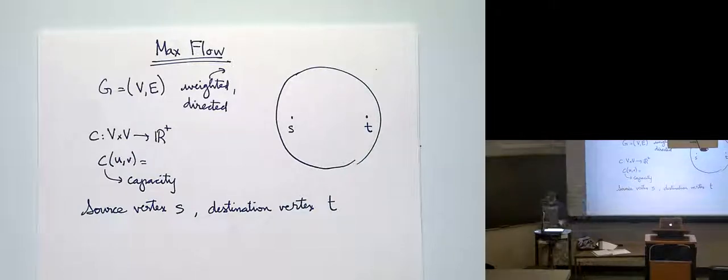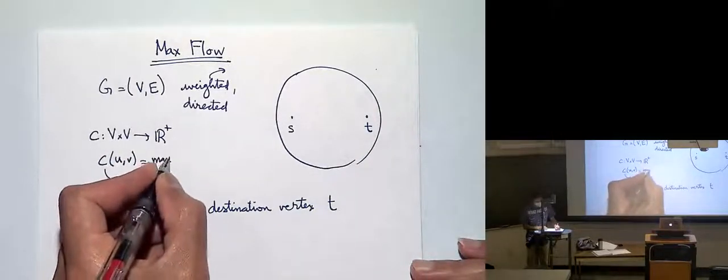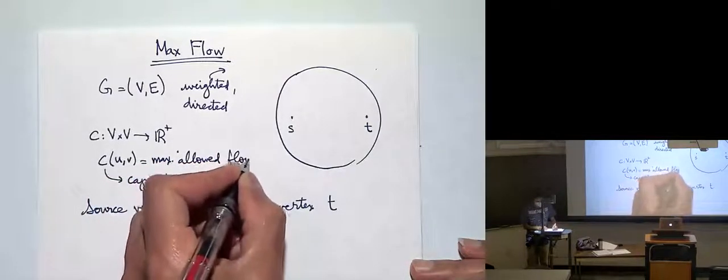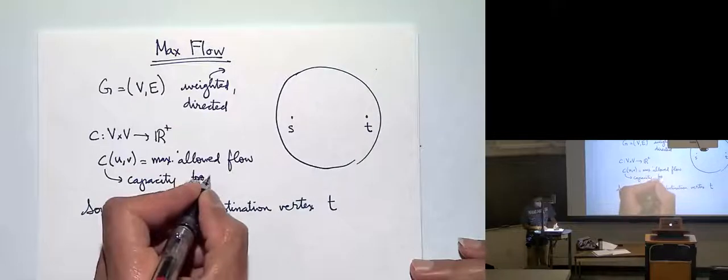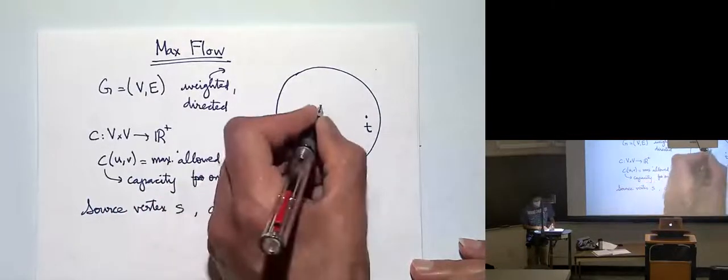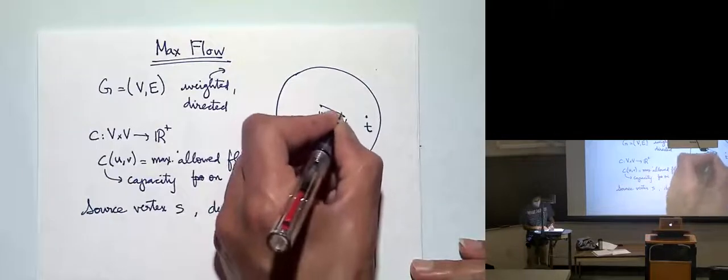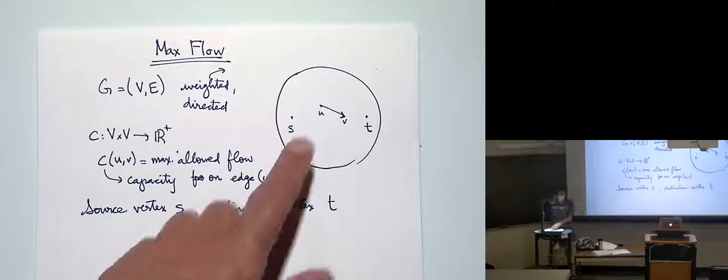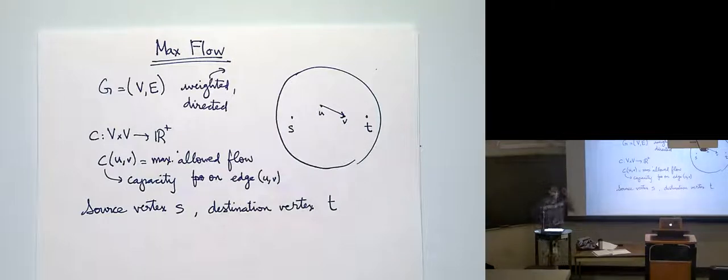So the capacity is the maximum allowed flow on the edge UV. Note that there may be different capacities from U to V and from V to U. That's okay. That's the amount of flow that can go through that single edge.